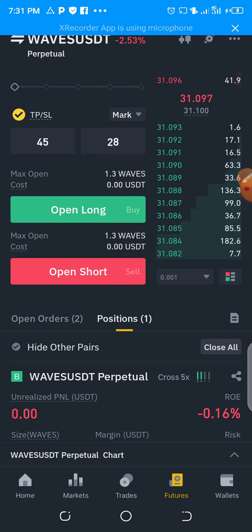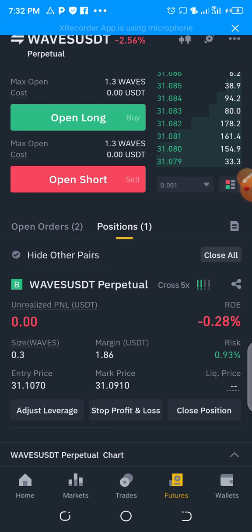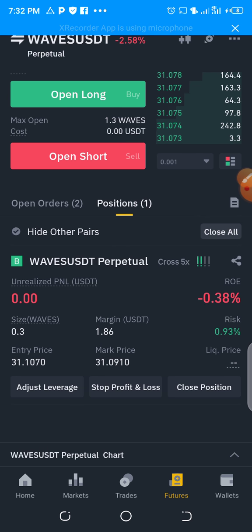That's why under open position, you're seeing one. I've opened a position. Now this position that I have opened, you can see right now I'm at minus 0.48%. This position is just open, but I want you to take note of something here. Look below. Look at this place.